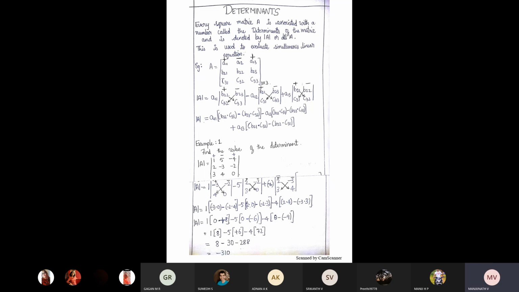Look at this: 11, 22, and 33. They are in a diagonal. A11, B22, C33 are the diagonal elements. Understood?